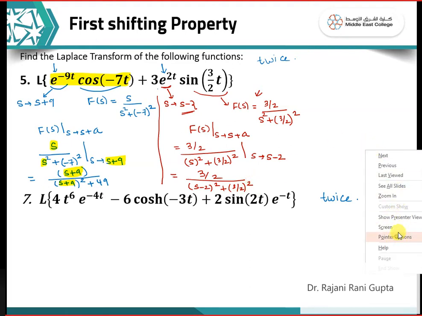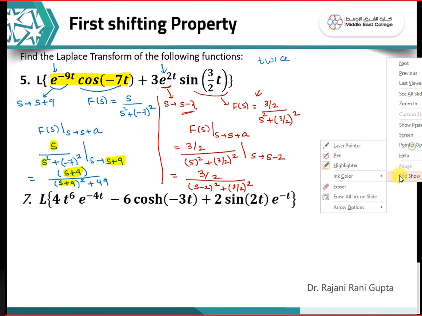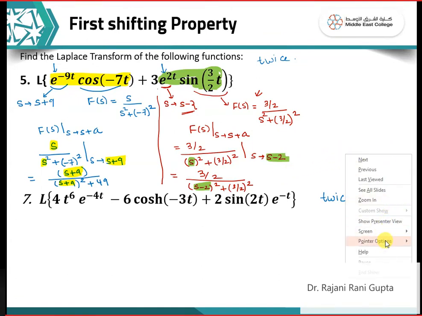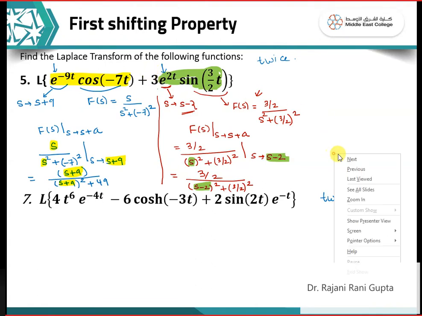So what we did here, we replaced s here by s minus 2, which gives you this. So now we have completed this term. Now see what is missing in this question. We missed something. What did we miss? We were having 3.